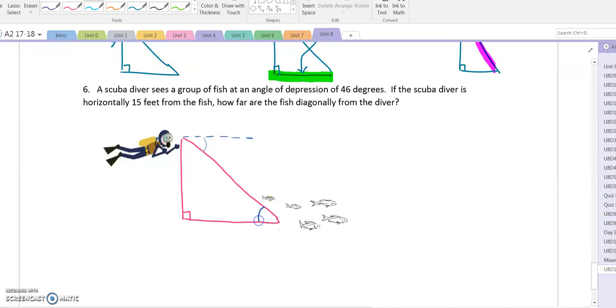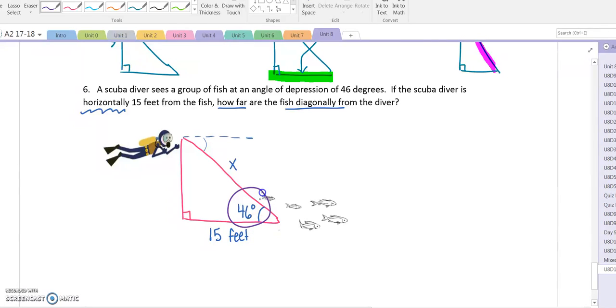So we're going to say, oh, it's the same as the angle of elevation, and put it in the bottom, so 46 degrees. The scuba diver is horizontally 15 feet from the fish, so my horizontal side is right down here. And how far are the fish diagonally from the diver? Well, since it specifies diagonally, I know I'm looking for side x.